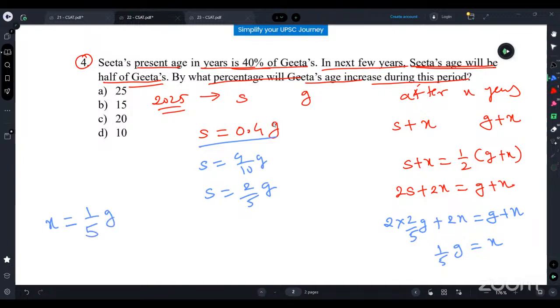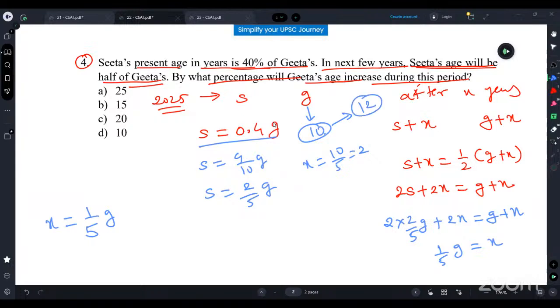It means that whatever the value of G is initially, let's say G is 10 years. So what will be the value of X? If I take the value of G as 10, then X will be what? 10 by 5, right? So 2. It means that initially if Geeta's age is 10, then how many years are we moving forward? 2 years.